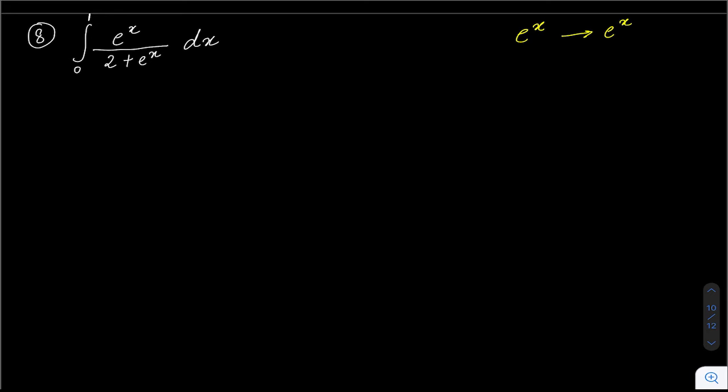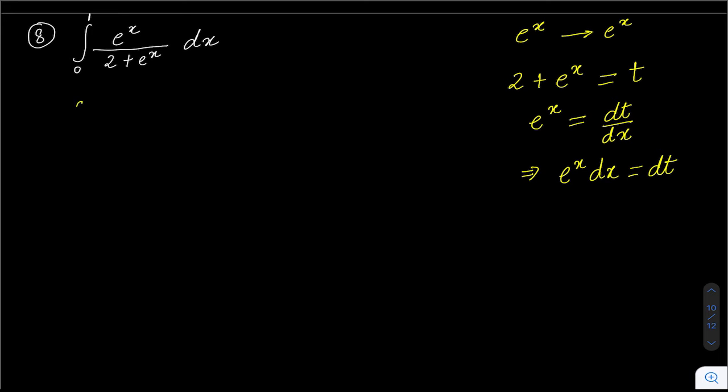And we have two e^x functions. So what we will do here is very quickly we will take 2 plus e power x as some other variable, let's say t. So if you differentiate this, you get e power x equals dt over dx. And from this, I will get e power x dx is equal to dt.